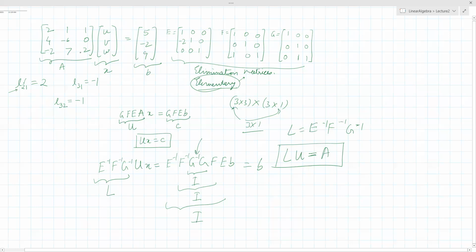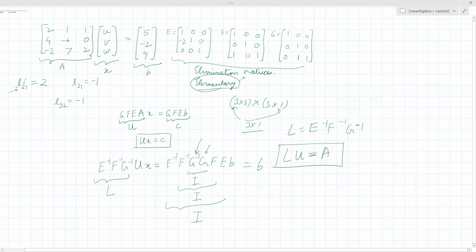Okay, so what is G inverse doing now? It is adding back whatever multiple of row 2 that I had subtracted. Please understand that row 2 does not change during this operation. During the operation G, the only thing that changes is the third row.